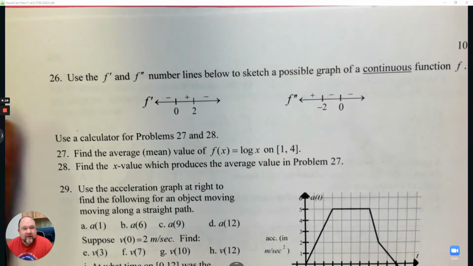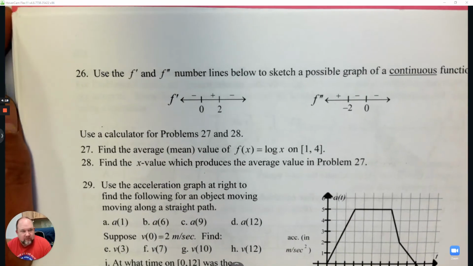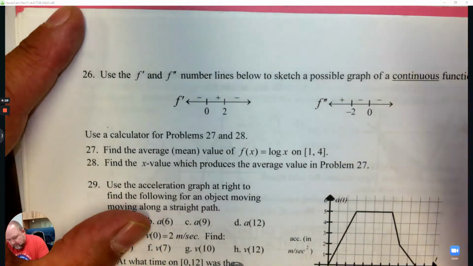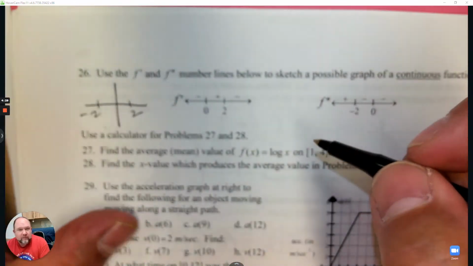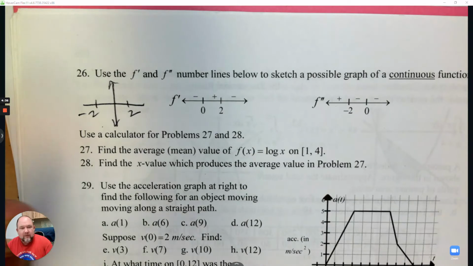26. Use the first and second number lines below to sketch a possible graph of a continuous function. I'm going to do it right here. So I know I need to go from -2 to +2. I'm going to change colors for fun. What do I know?